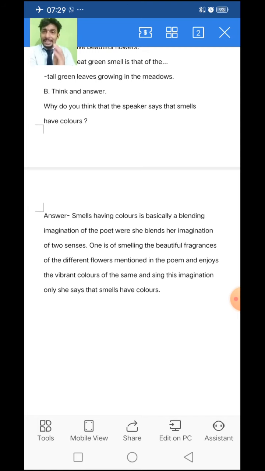She is a nature lover, and out of that love only, she is simply describing all the gifts of nature given to us by the Almighty.